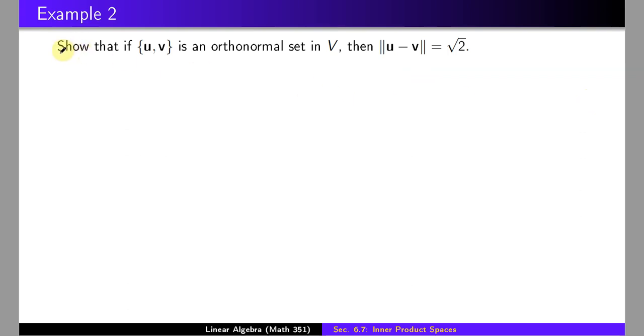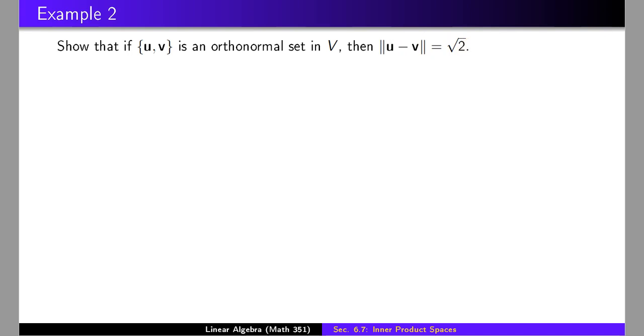So our second example, we'd like to show that if U and V make up an orthonormal set in a vector space V, then the distance between U and V using the induced norm is always going to be the square root of 2 between those two vectors.